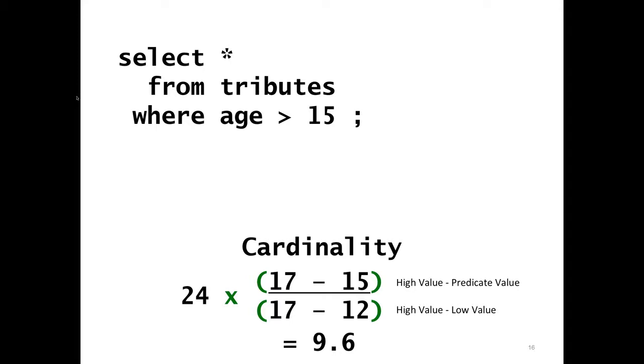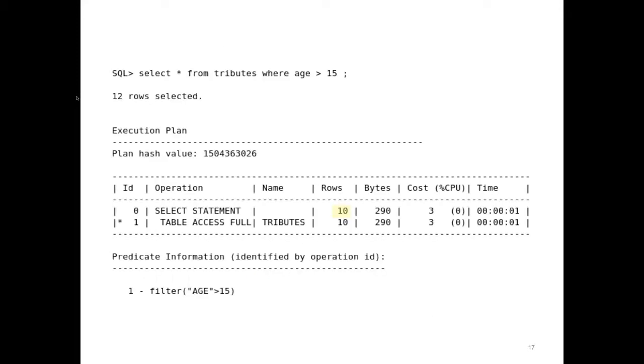Well, we deal in whole numbers with the optimizer, so that's going to get rounded up, and if you take a look, the optimizer says the estimate is for 10 rows. Now, if you'll notice, we actually got back 12 rows, so it wasn't perfect in this case. We didn't exactly match on our estimate to our actual, but it was very close, okay?